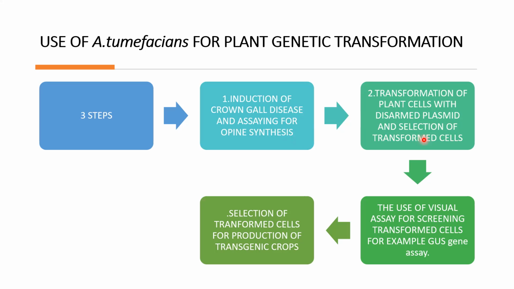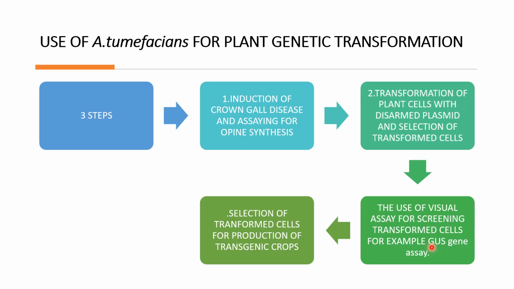Now, how will we come to know which cells of the host genome have been transformed and have the gene of interest? For that we can go for the Gus gene assay. The Gus gene assay is used for screening and selection of the transformed cells.